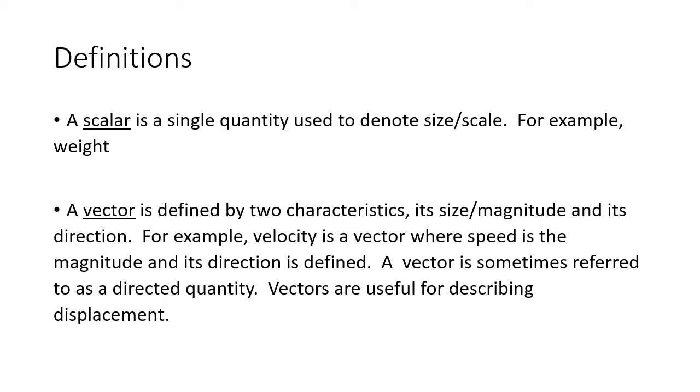Are we traveling north or east or, well, northeast? Because a vector has those two parts, its size or magnitude, but also its direction, we commonly refer to our vectors as directed quantities. It's a size or quantity that is directed in a specific direction.